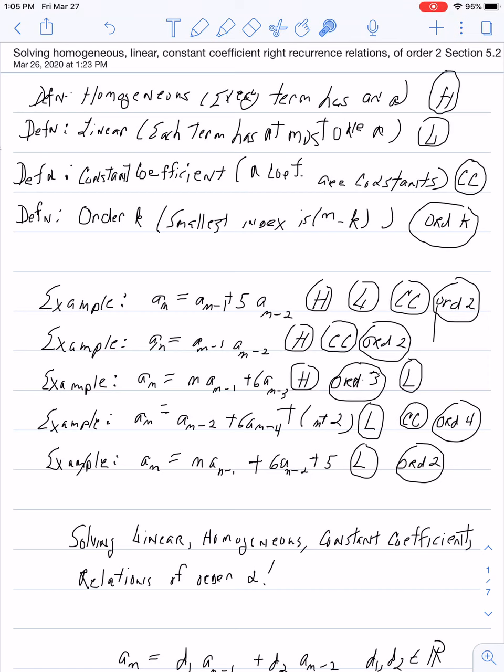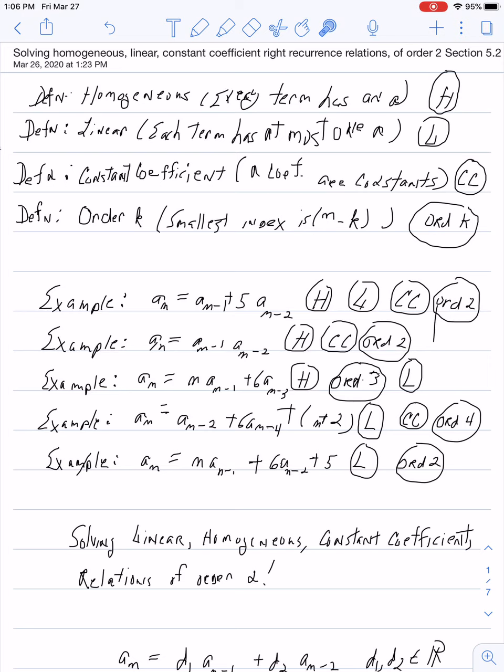You will notice it is not linear because to be linear, each term has at most one A in it, but this term has two A's. It is constant coefficient because the coefficient of this term, which you don't see there, we can assume to be 1. It is of order 2. Why? Because again, the smallest index is n minus 2.